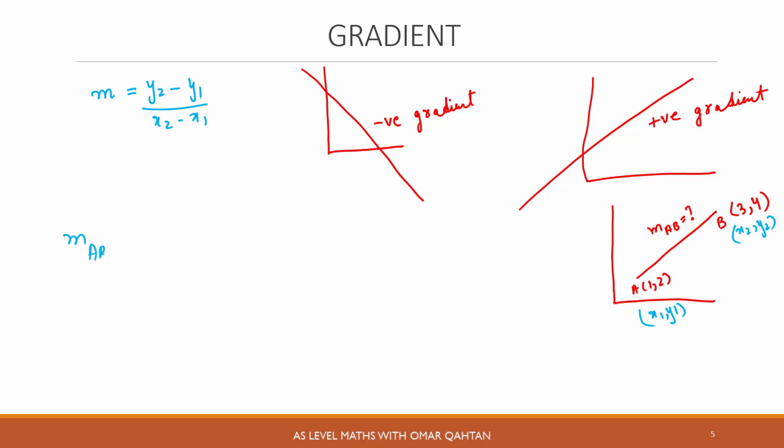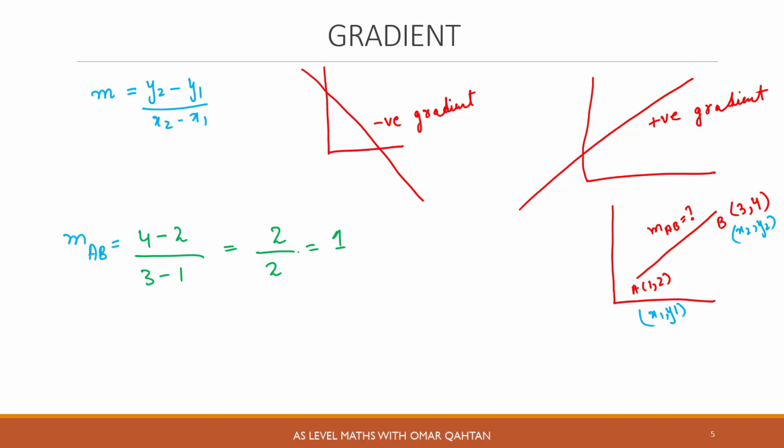So m of AB is equal to 4 minus 2 upon 3 minus 1, 2 upon 2 is equal to 1. So the gradient of AB is plus 1, and as you can see in this graph, this line is going upward, so that's why we have a positive gradient.